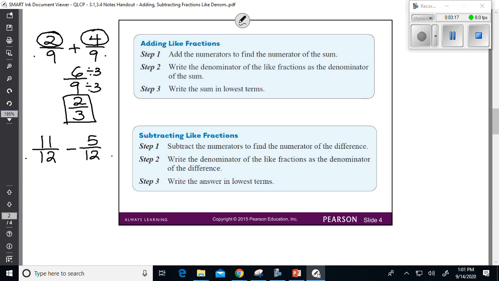If the denominator is the same, subtract the numerators, and then reduce. If the denominator is the same, you only have to worry about the numerator.